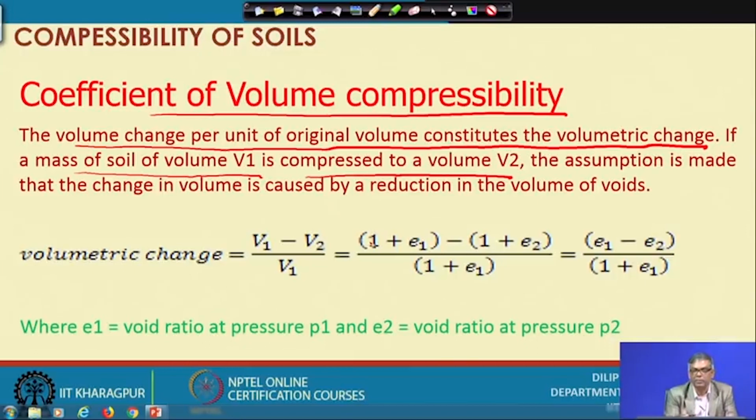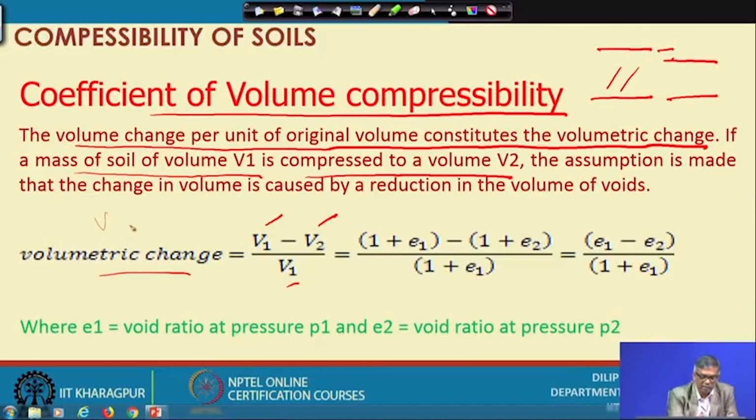That is the thing I have already mentioned: this is the original initial volume, this is the final volume, and there is a volume change. This volume change is only because of the change in void ratio in this soil mass. If that assumption is made, the volumetric change is V1 minus V2 by V1.